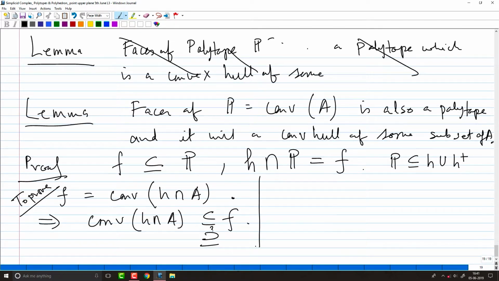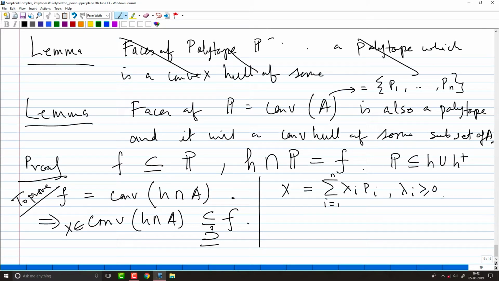Okay. So, let the set A be P1 to Pn. I can write X as a convex combination of the Pi's, with lambda i greater than or equal to 0 and summation lambda i equal to 1.